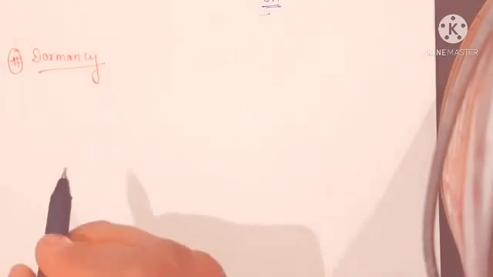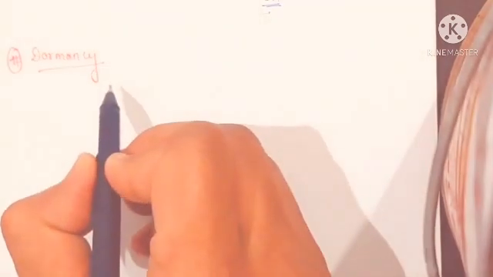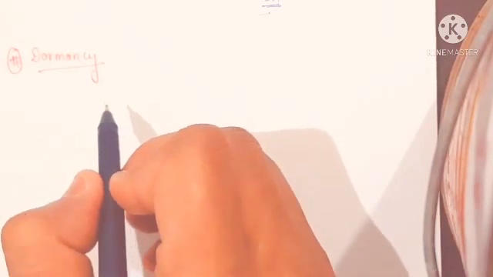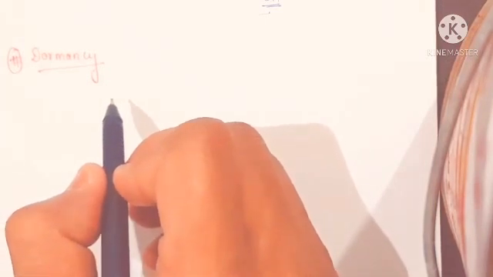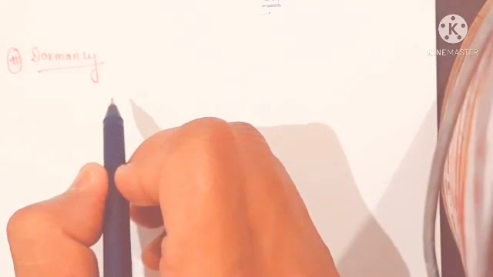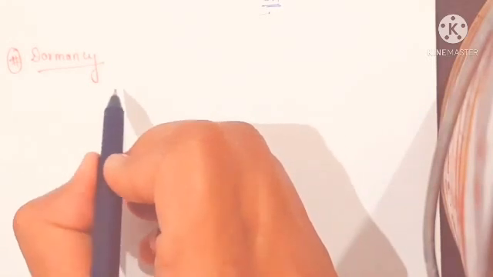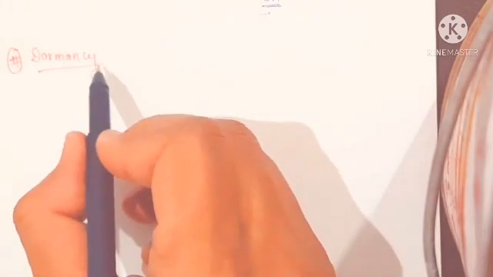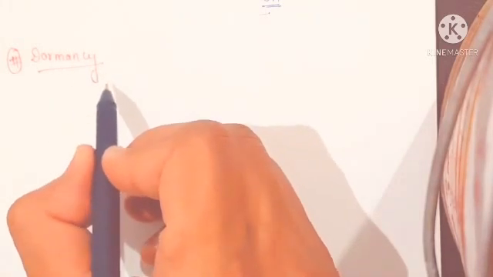Dormancy means there is some inactivation. What type of inactivation takes place? Metabolism of seed, means endosperm, becomes slow or dormant, so that is called dormancy.